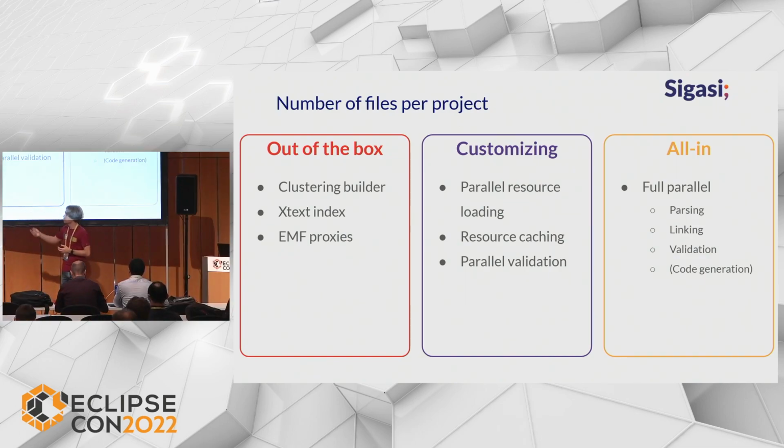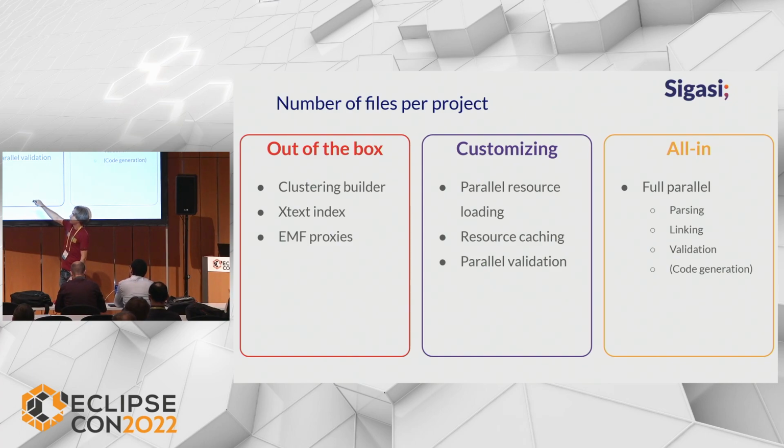So what happens in Xtext standard is that the Xtext index is assembled from all your files, where each file is being parsed and processed to create, you're probably familiar with it, the resource description.